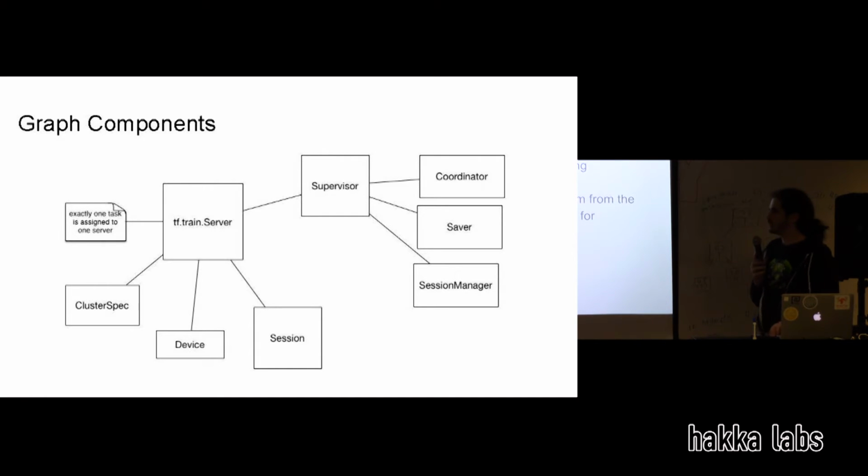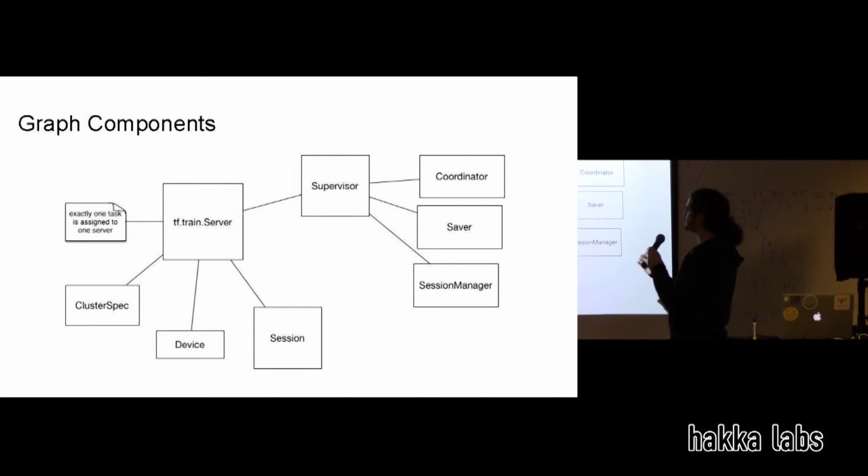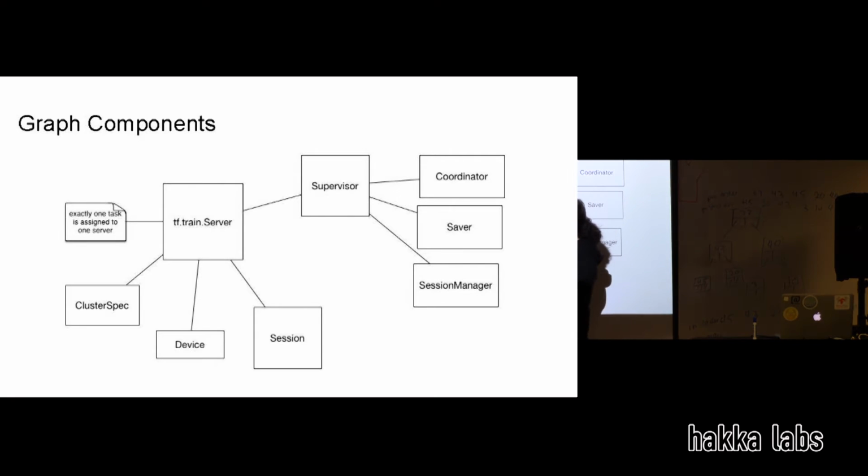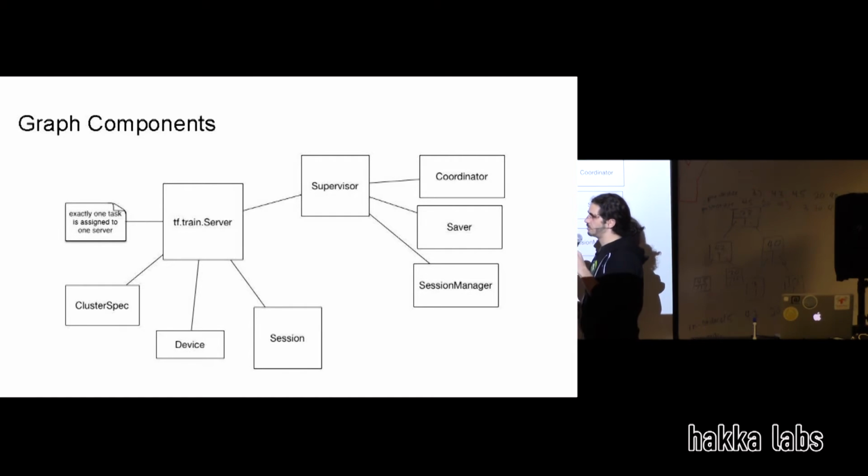Fabrizio? Yes. Okay, so which ones are actual separate nodes? So there is nothing of the graph here. Sorry, for like workers, I guess. It would be a combination between the server and the session. It has some state inside that allows you to run the graph. Does the supervisor, like, is that its own worker?